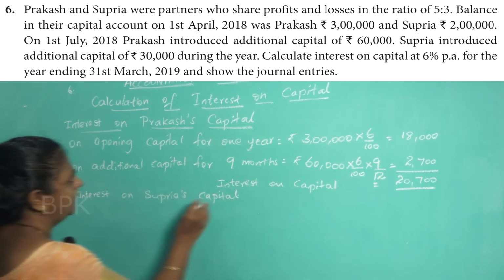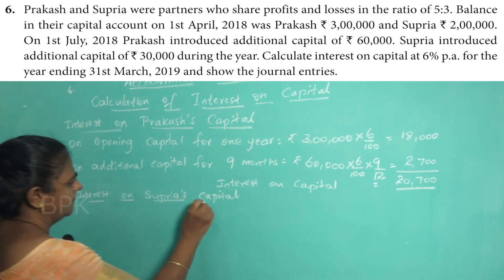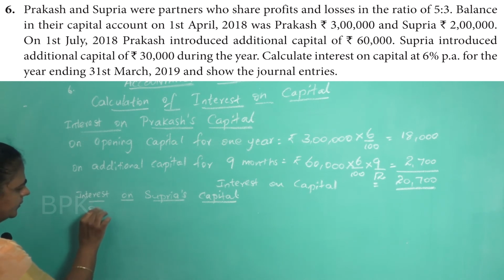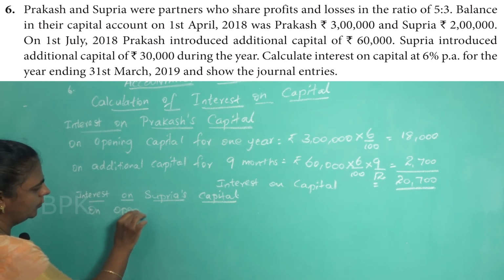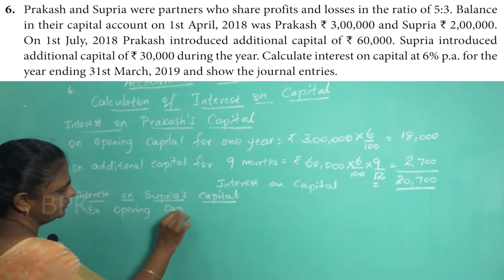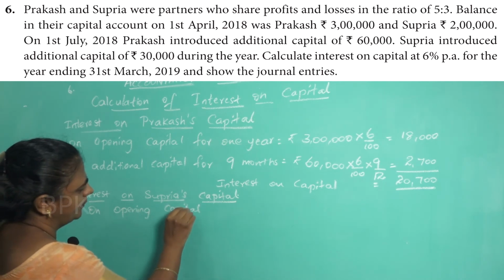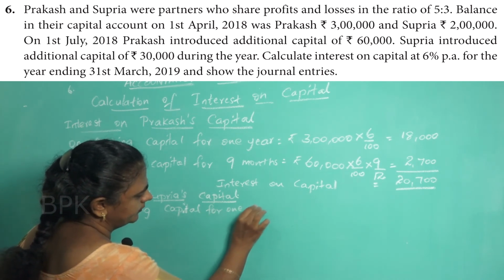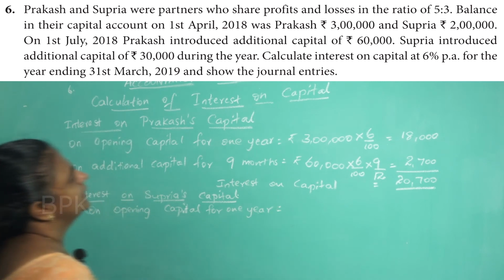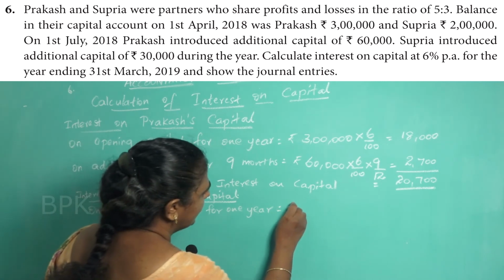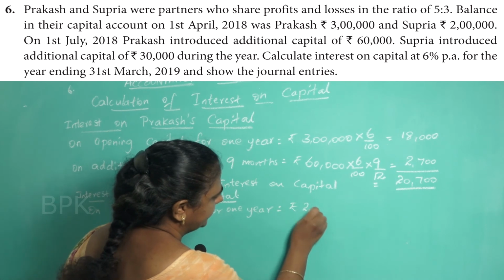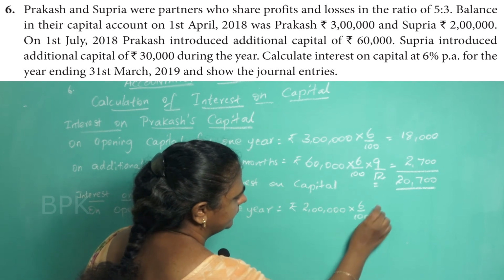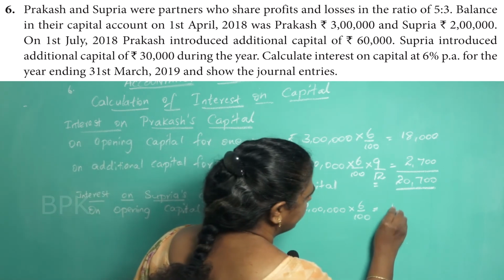Same for Supriya also, you take opening capital, that is per annum, for 1 year. What is our opening capital of Supriya? Supriya's opening capital is rupees 2 lakh into 6 by 100. So that will give you 12,000.